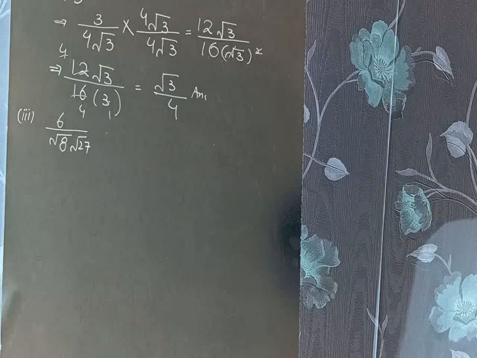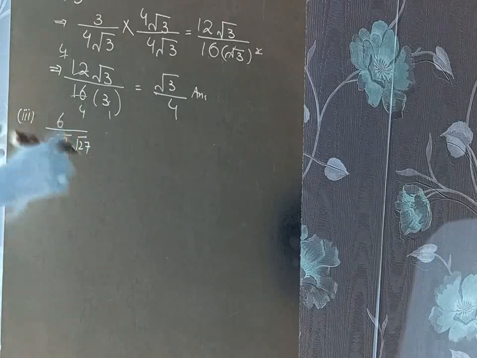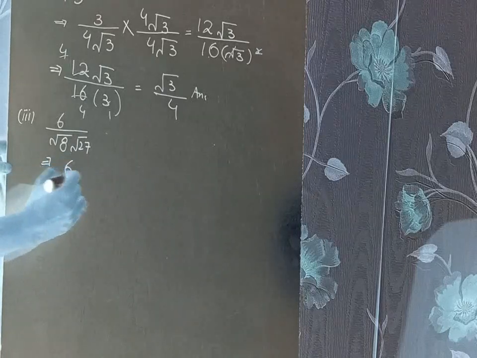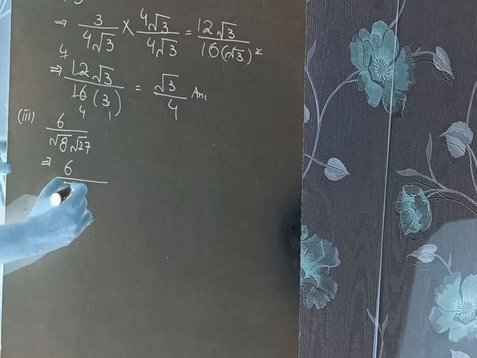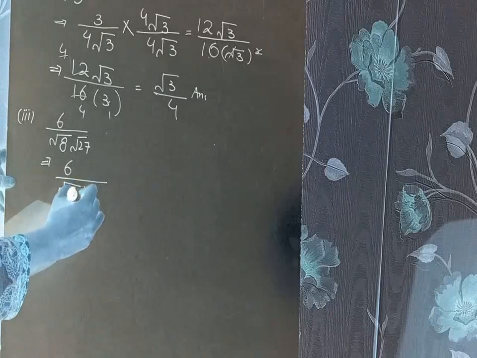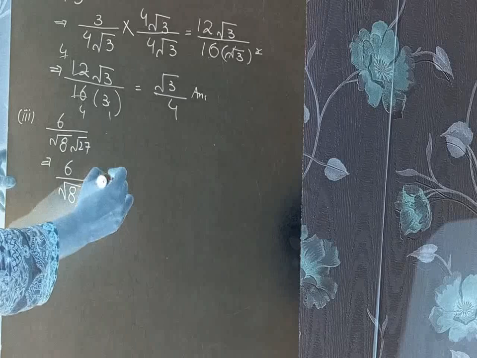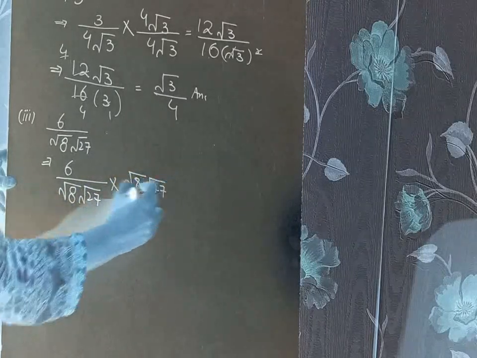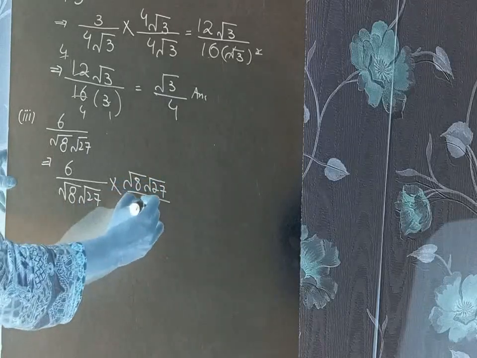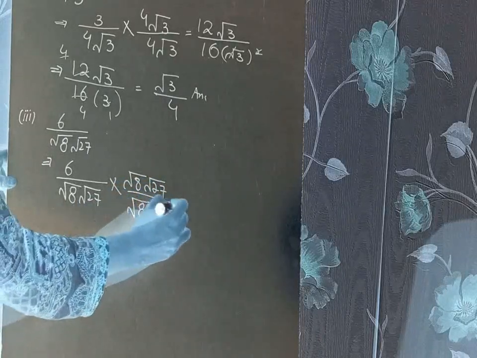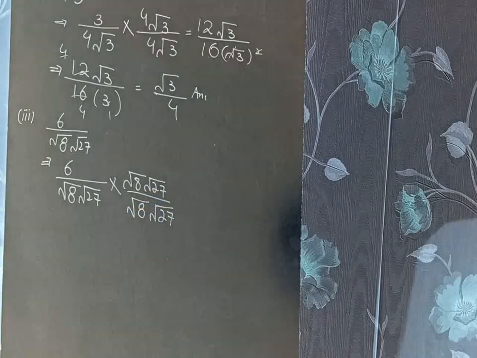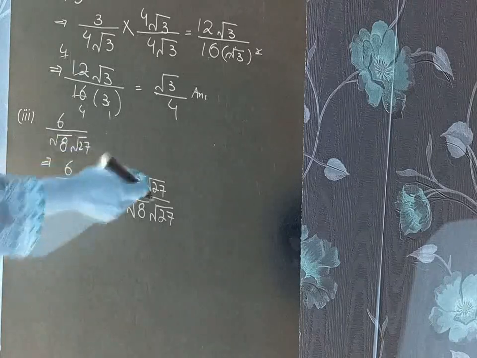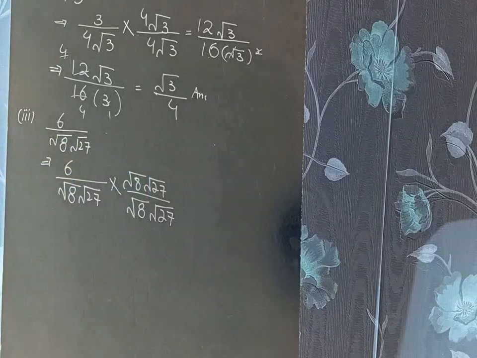So we will multiply and divide this expression by the same denominator. 6 over under root 8 under root 27, multiplied by under root 8 under root 27. Now we can multiply the numerator by numerator and denominator by denominator.